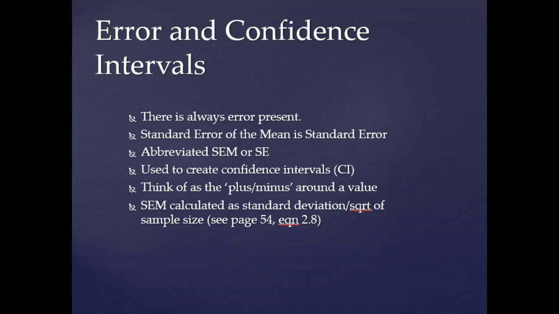So again, it's not the best example to show how that gets used, but I think that's something from our daily lives that we see. And so the standard error of the mean is calculated as the standard deviation divided by the square root of the sample size. And to see the equation, take a look at page 54 in the Field book, and it's equation 2.8.